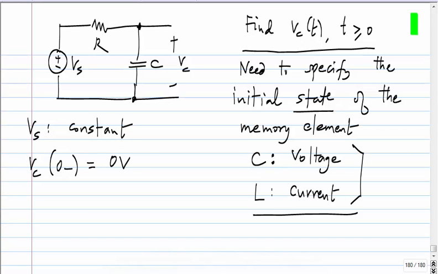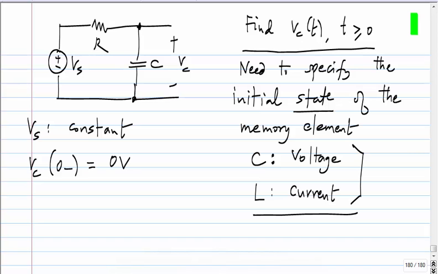So, what will happen to Vc? What do you guess will be Vc of t for t greater than or equal to 0? What happens just after t equal to 0? It starts charging.